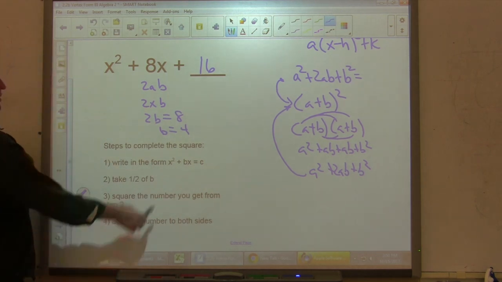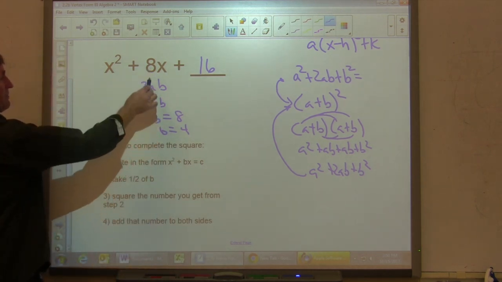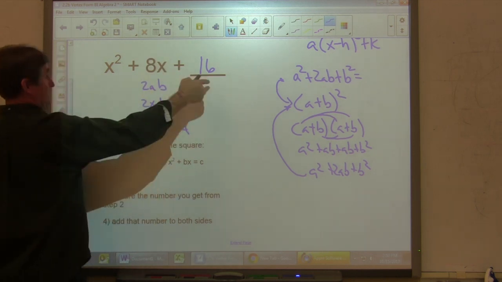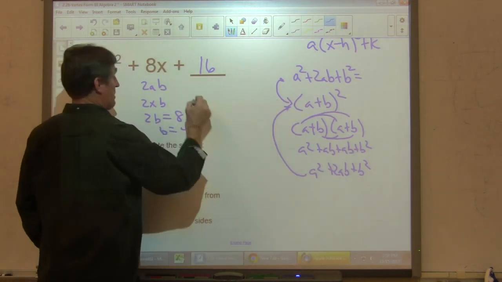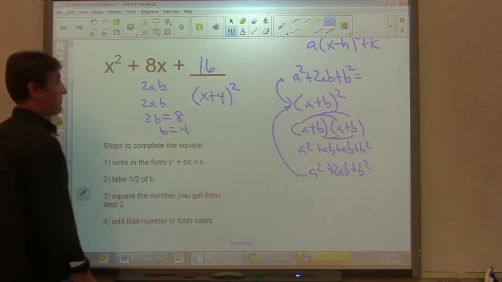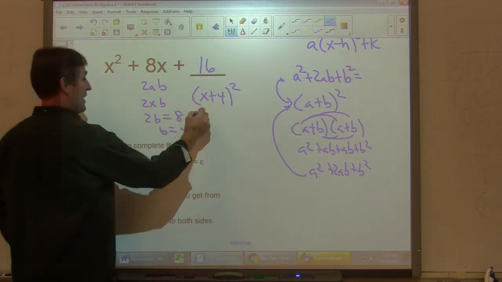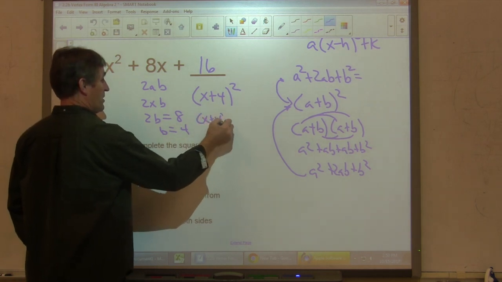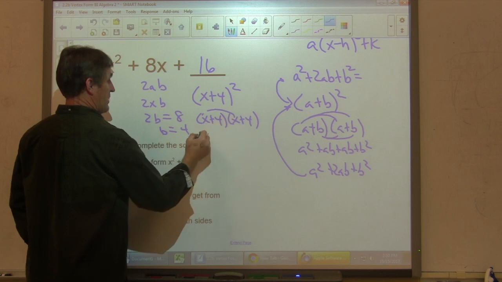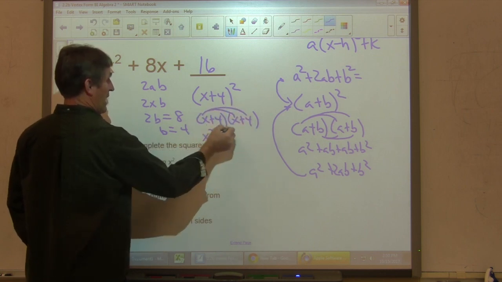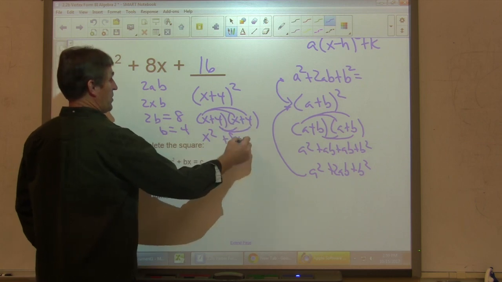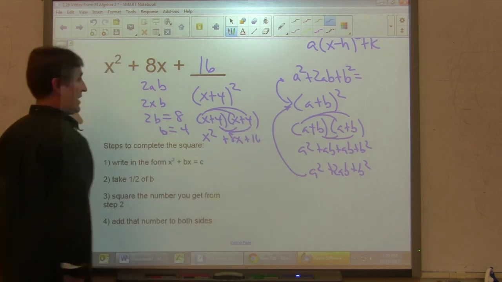So if you follow the steps here, you can see that if I factor this into a plus b squared, that would be x plus 4 squared. And if I multiply that out, x plus 4 times x plus 4, I get x squared, then 4x and 4x gives us that 8x, and 4 times 4 gives us 16.